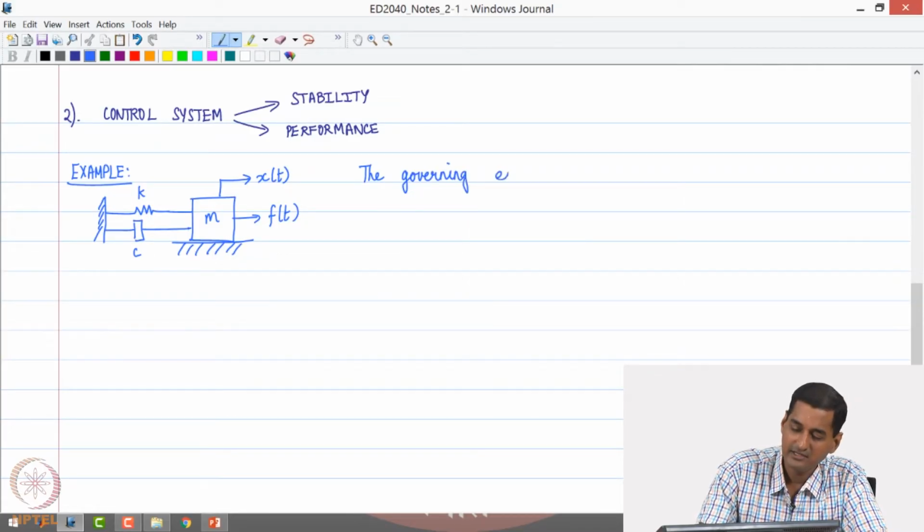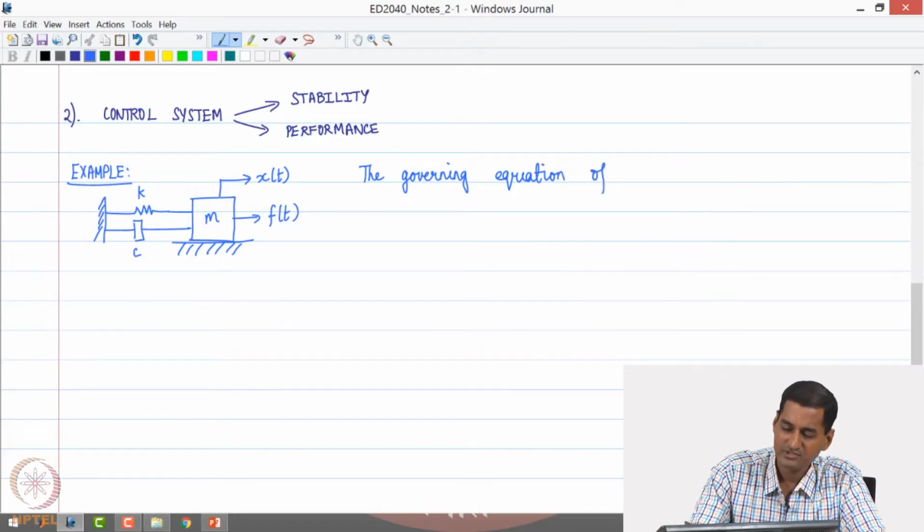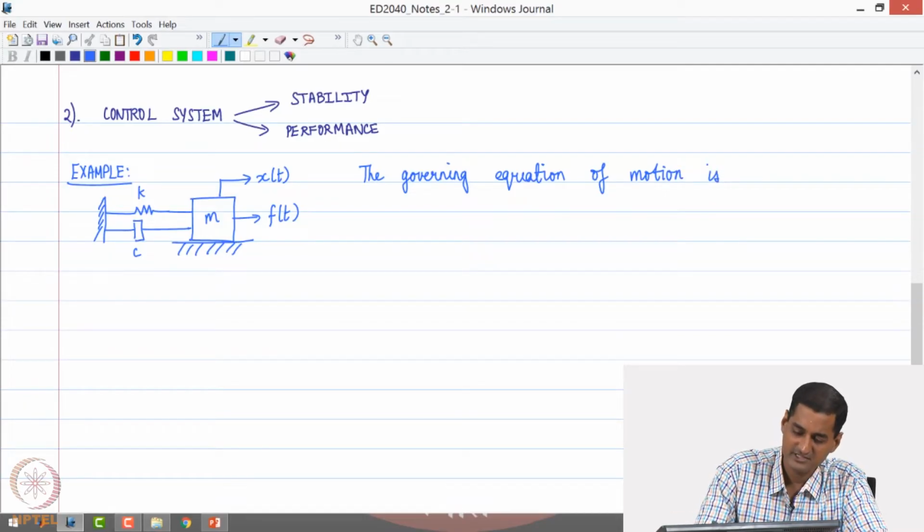is going to be, of course we derive it based on Newton's second law of motion. So the governing equation of motion for the mass spring damper system is essentially m x double dot plus c x dot plus k x is equal to f of t.